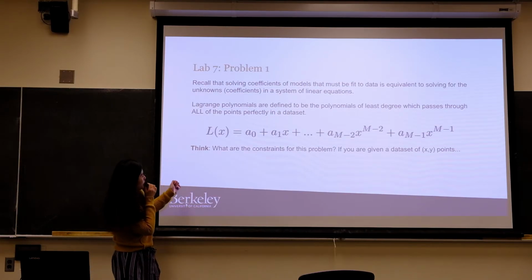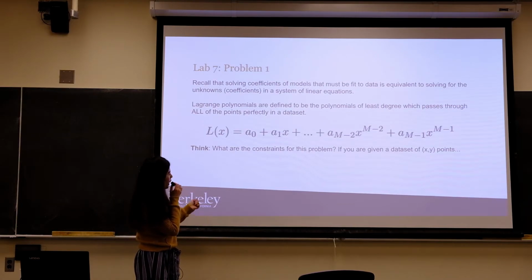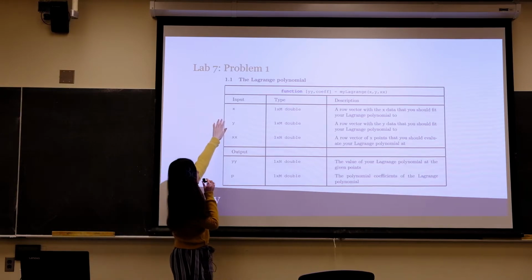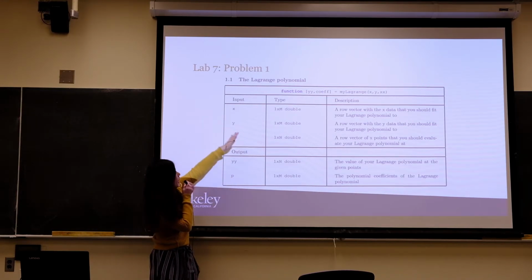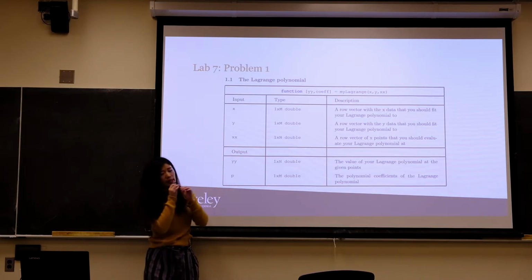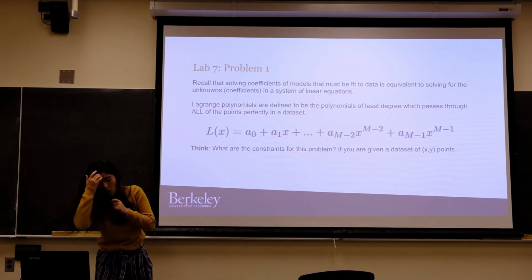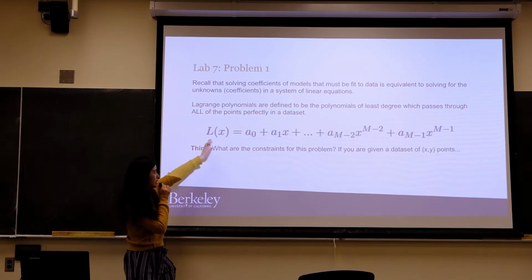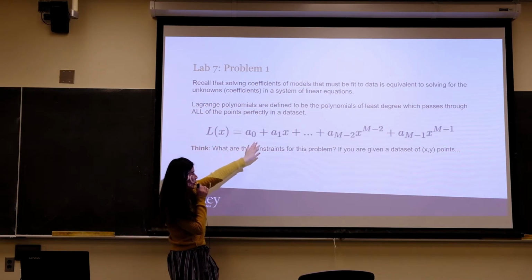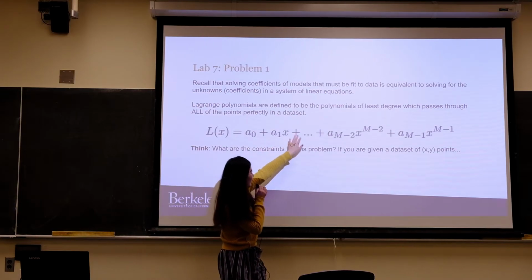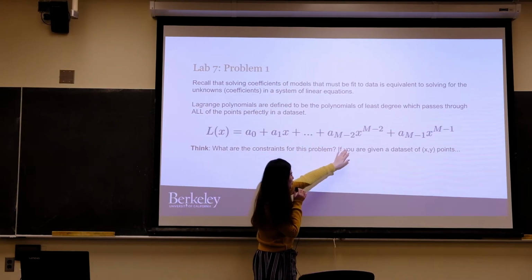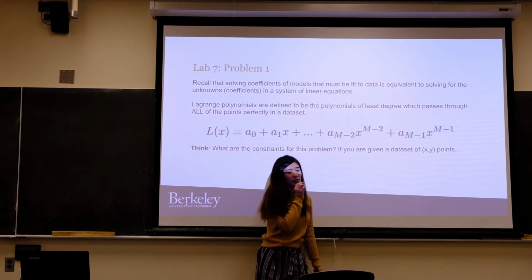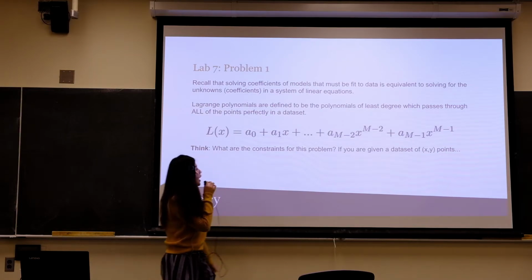In total we have m points of x and y, so we have mx and my, and we want to calculate L(x) equal to a0 plus a1x plus until a(n-2)x to the power of n-2 plus a(n-1)x to the power of n-1.